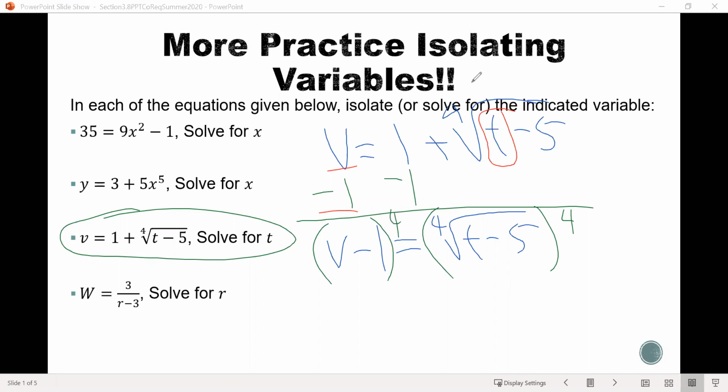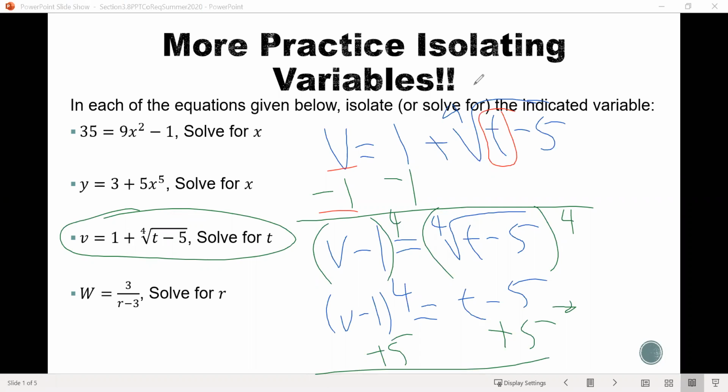And we'll do the same thing with the v minus 1 here. So what we end up with then is v minus 1 to the 4th equals, over here the 4th root and the 4th power cancel out, so we have t minus 5. And then we add 5 to both sides.